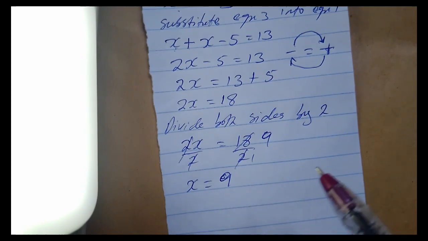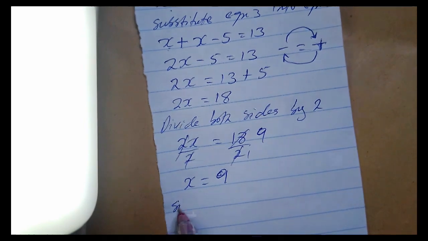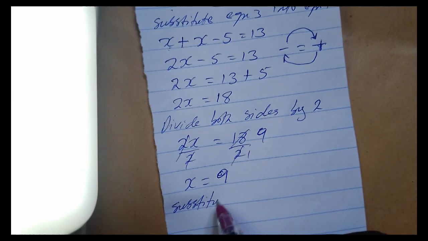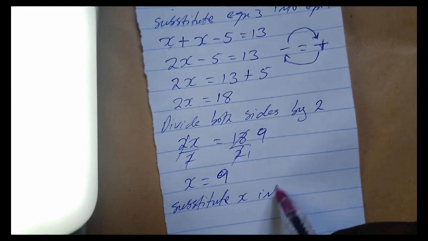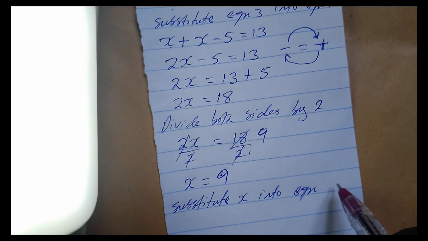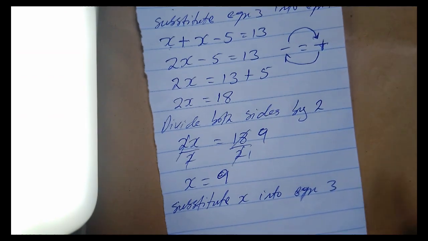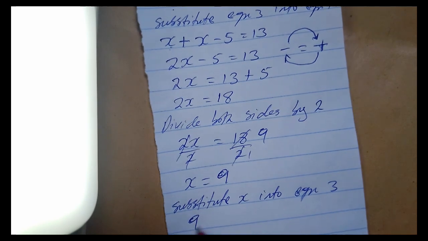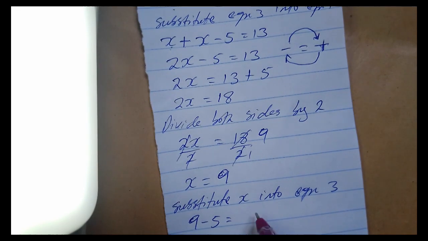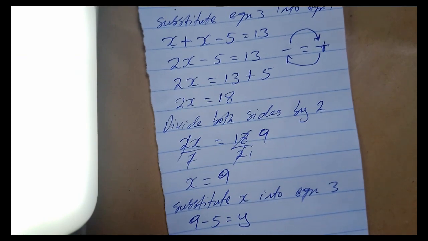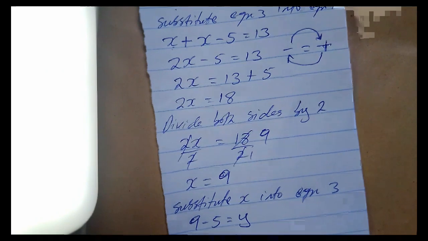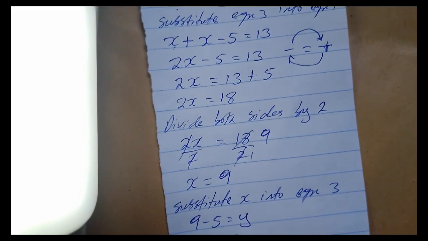Our step 4 says substitute the solution for x into either of the initially given equations to find y. So I'm going to substitute x into equation 3. My x will now be 9 minus 5 equals y. So 9 minus 5 gives me 4. Therefore, y equals 4.